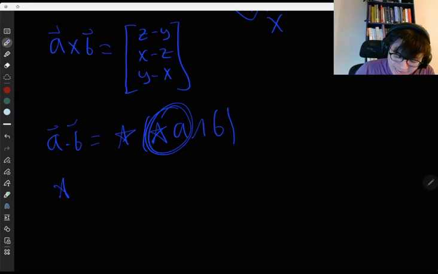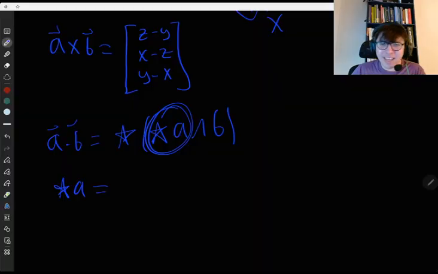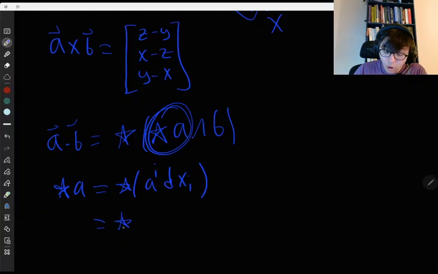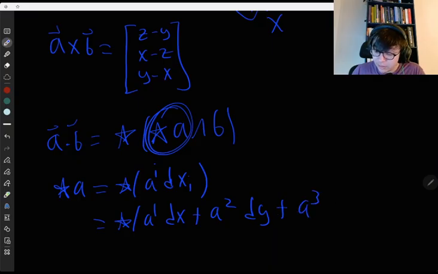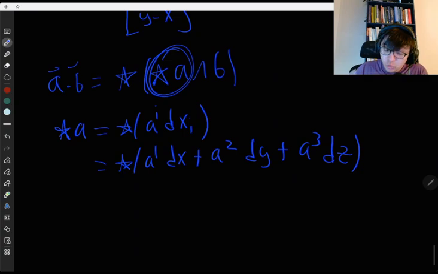We're going to do a star. So remember, what is a? A is this. So this is going to be star of a1 dx plus a2 dy plus a3 dz. And then the star is going to apply to all of these.